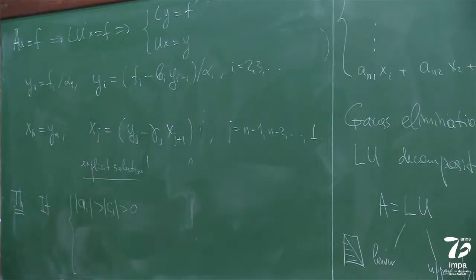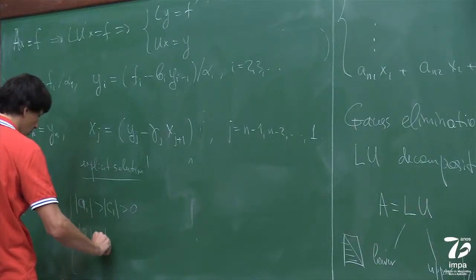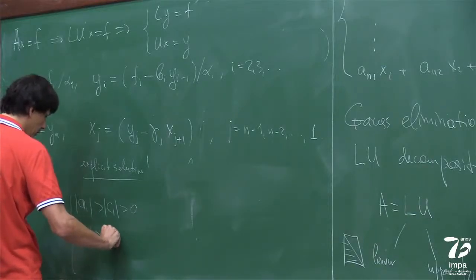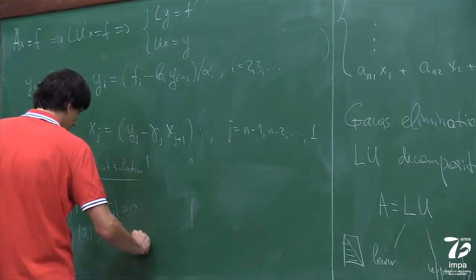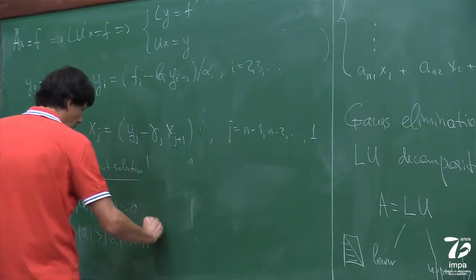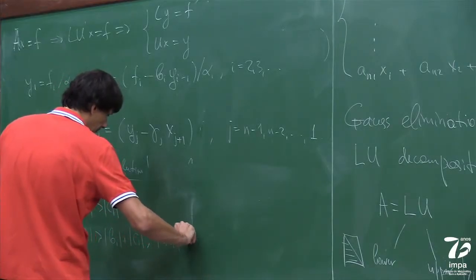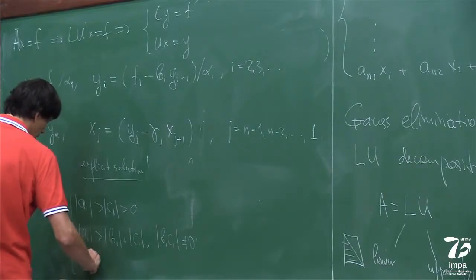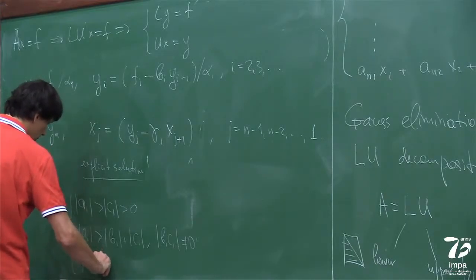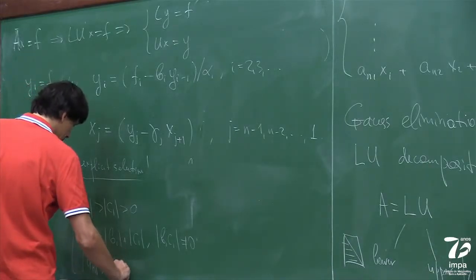For all other rows, except for the last, we have AI should be bigger than BI plus CI. And BI, CI should be non-zero. And for the last row, AN should be bigger than BN, bigger than 0.